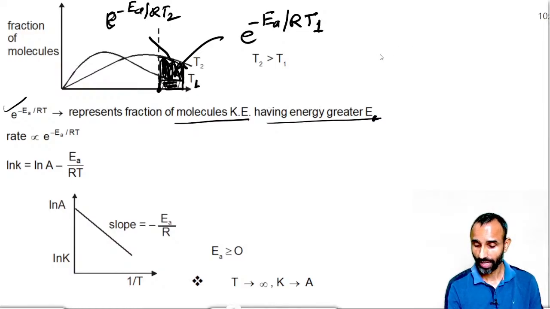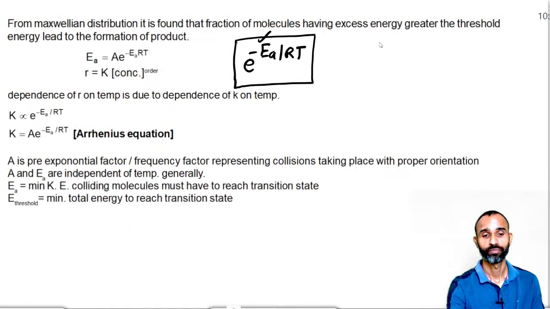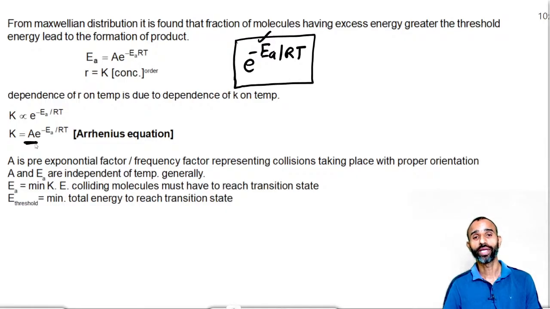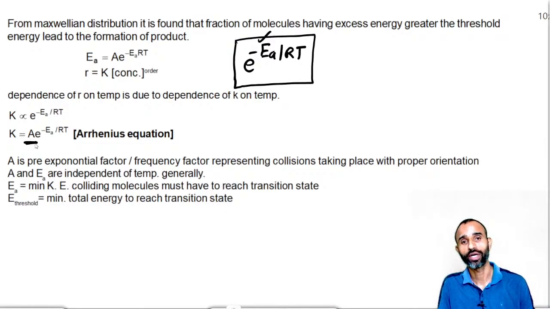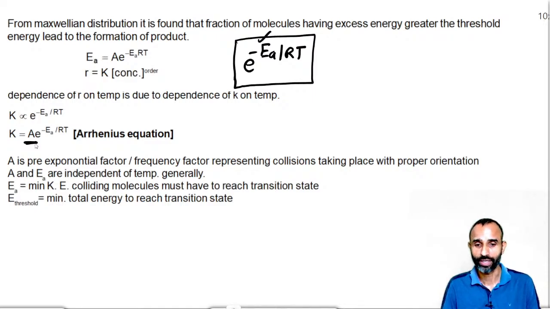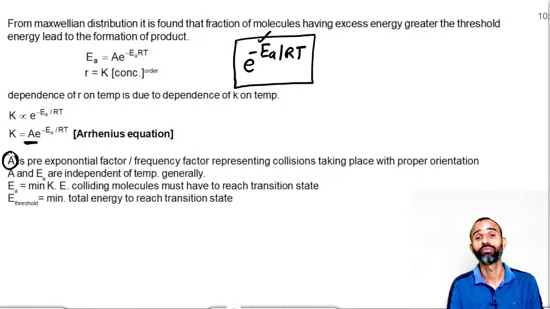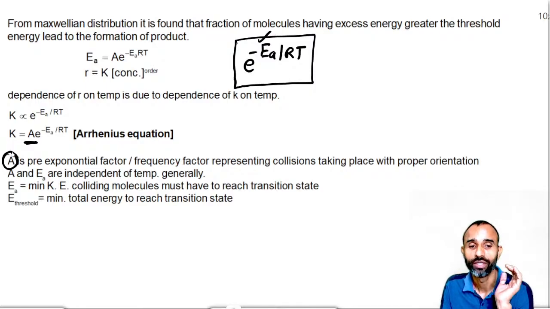And what is A? A is called the pre-exponential factor or Arrhenius factor or frequency factor, and it represents collisions taking place with proper orientation, that is A, the maximum rate.